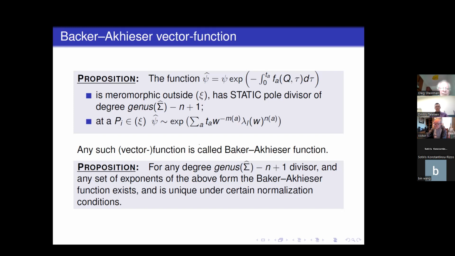And there is an existence and uniqueness theorem: for any divisor of degree equal to the genus of the spectral curve minus the dimension of our Lie algebra plus 1, and any set of exponents of such form, there exists and is unique, under certain normalization conditions, the Baker-Akhiezer function.